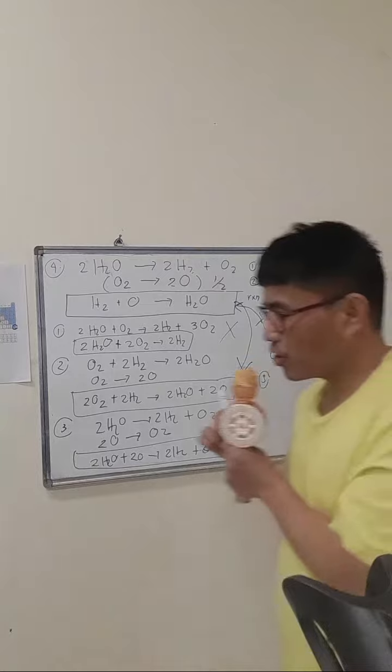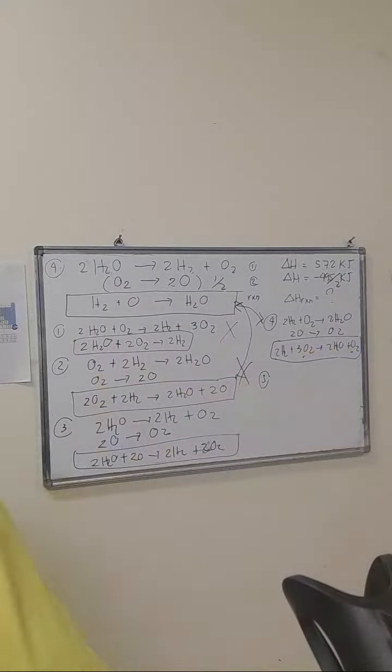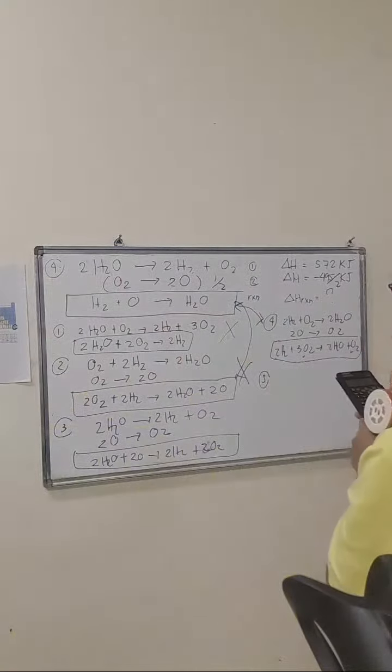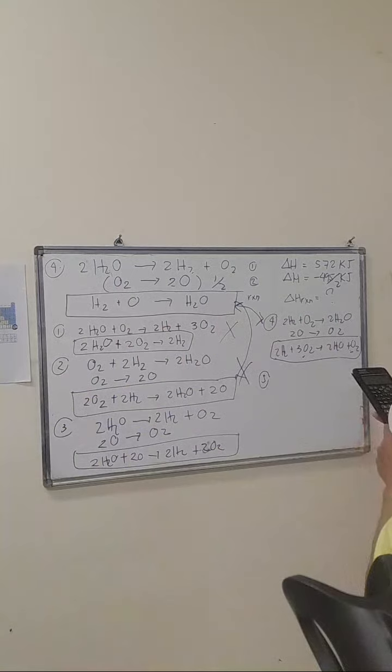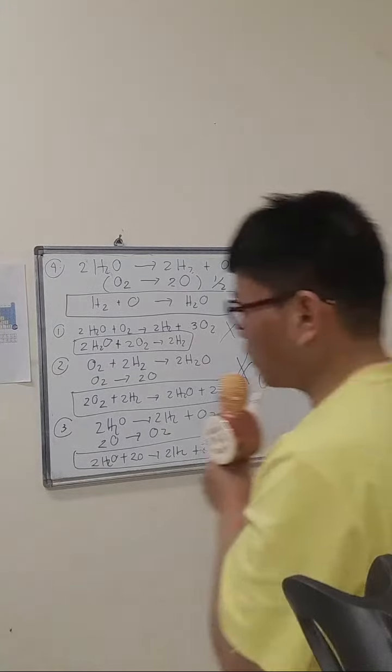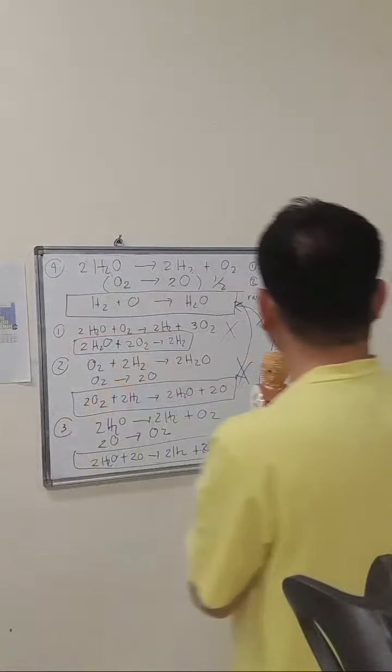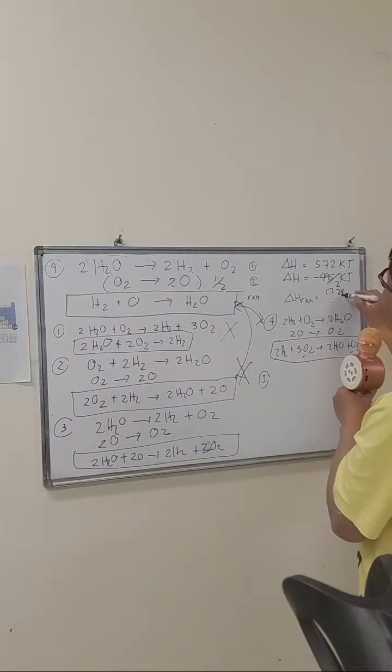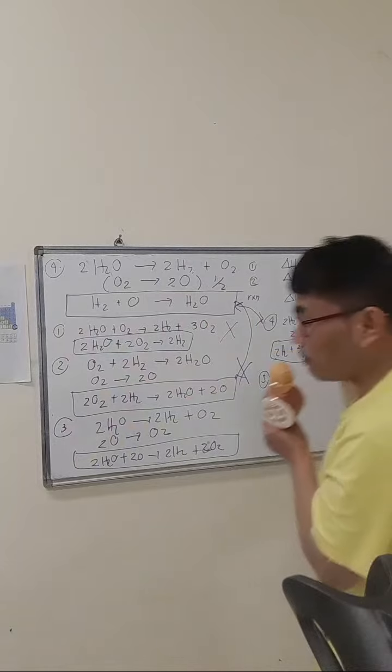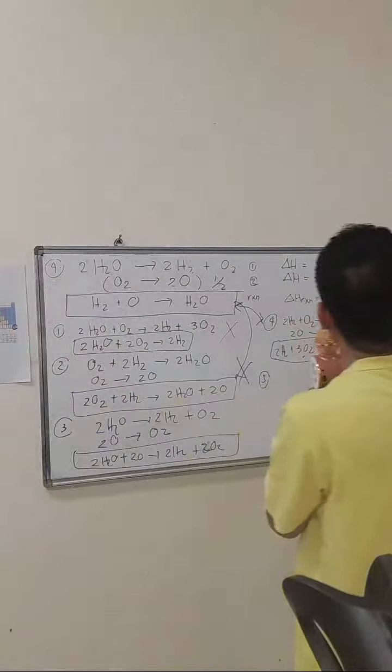So how much? Every time you manipulate, you should also manipulate the delta H. So 495, because the answer will be here. 495 divided by 2 is equal to negative 247.5, an exothermic reaction. 247.5 kilojoules.